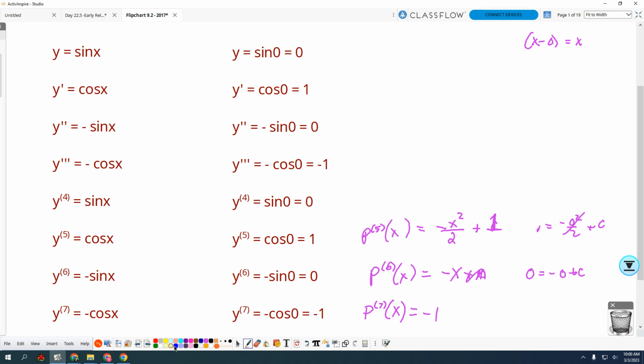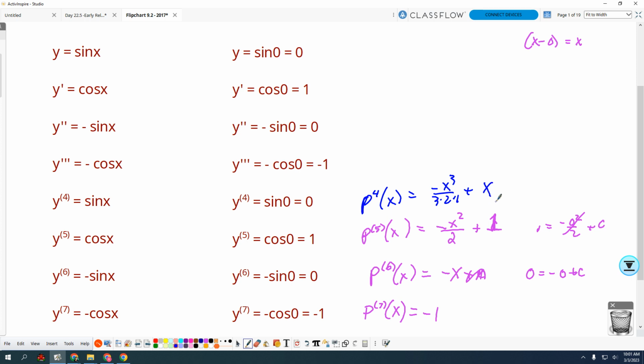Josh, next integral. Negative x cubed over 3 times 2. Integrate this 1, which is x. And then plus c.